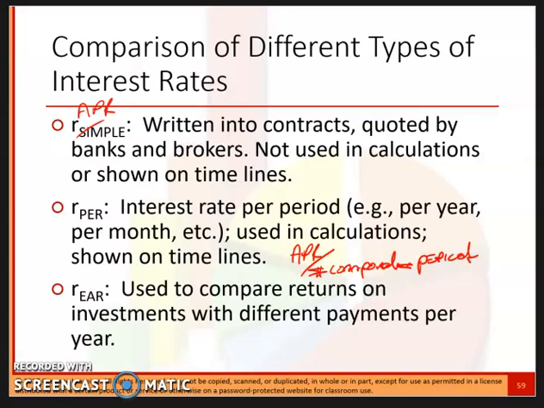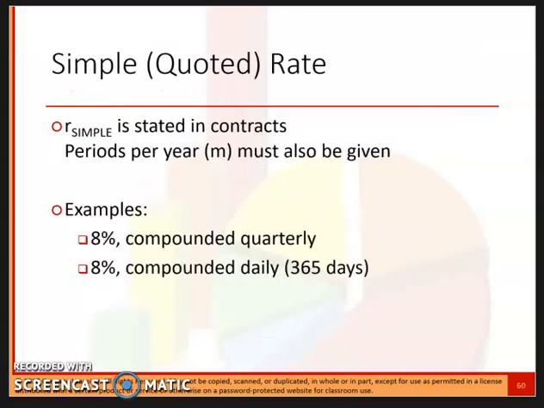The EAR is the rate used to compare returns on investments with different payments during the year. And again, APR, I don't know where they come up with this. Maybe they're right, but the APR is what's required by law to be stated, and the periods per year must be given.